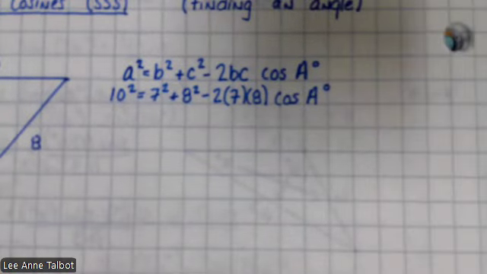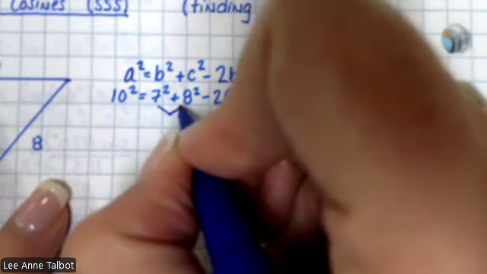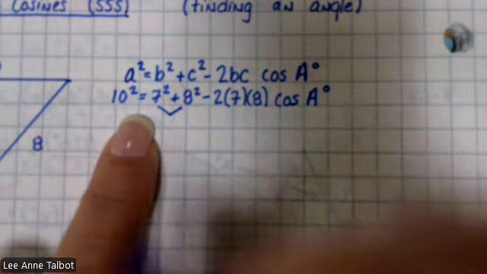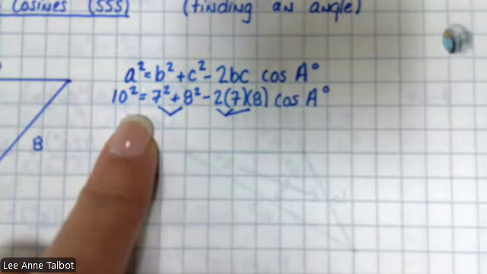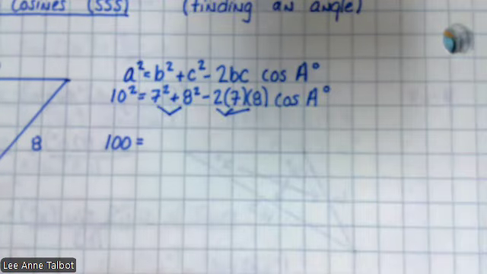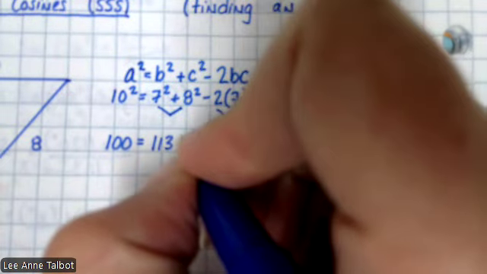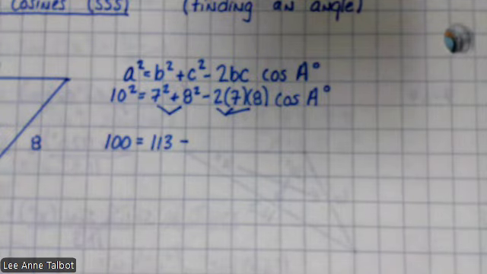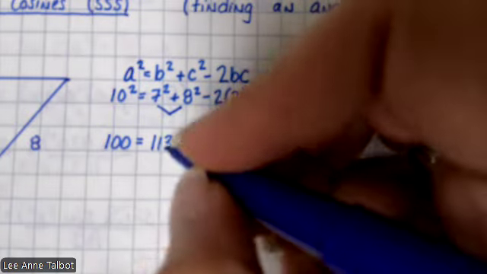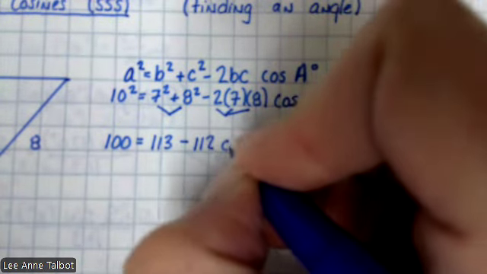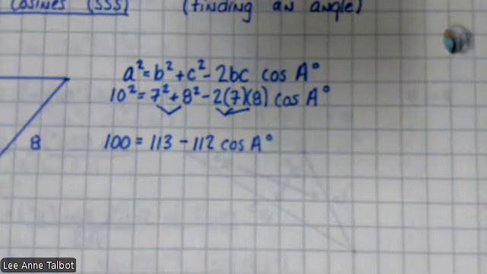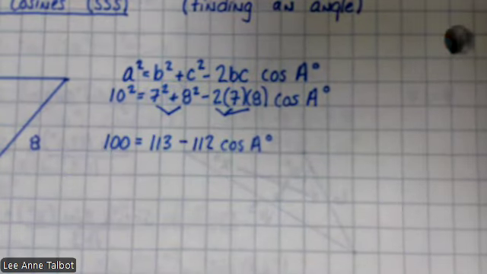Now, the place where children mess this up is order of operations. So I want you to put little brackets there and there. So this is 100 equals 7 squared plus 8 squared, minus 2 times 7 times 8 cosine A. You see why this is tempting to get wrong.